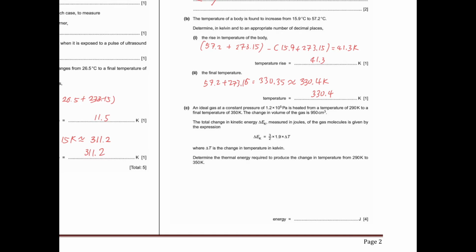The total change in kinetic energy, measured in joules, of the gas molecules is given by the expression. Determine the thermal energy required to produce the change in temperature from 290 Kelvin to 350 Kelvin.